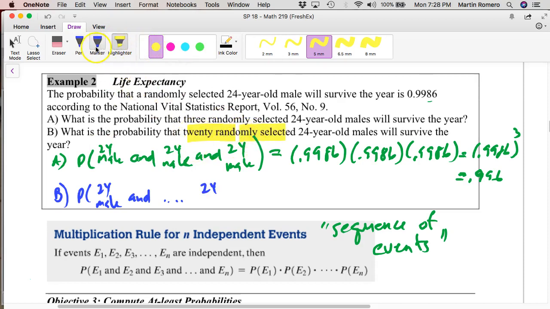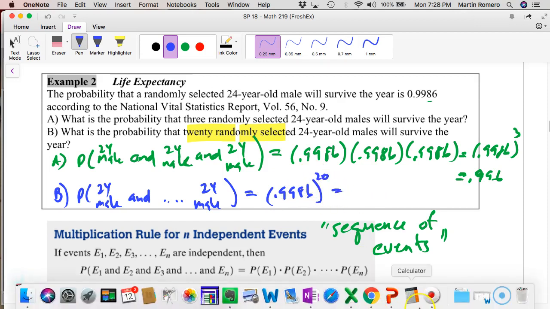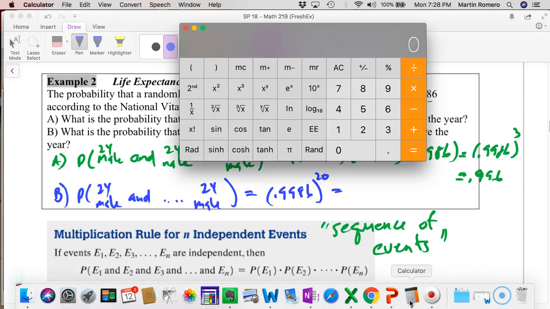And so following the pattern here, a 24-year-old male is going to be 0.9986. So I can write this 20 times, or remember that that's just repeated multiplication. And then we can calculate that.